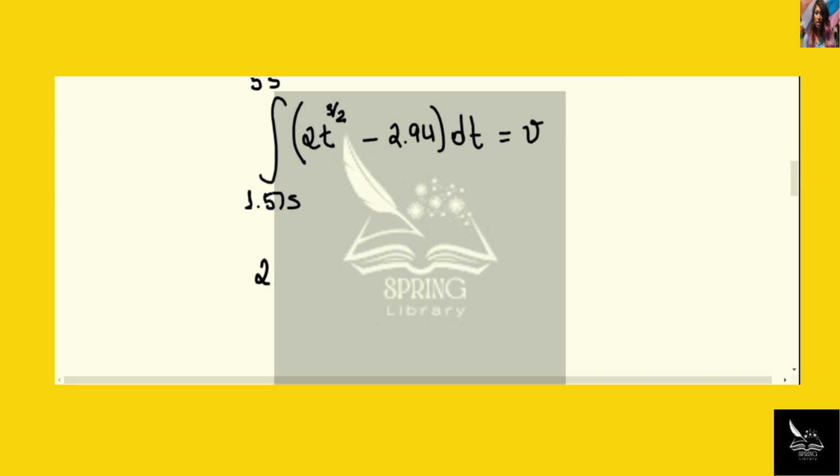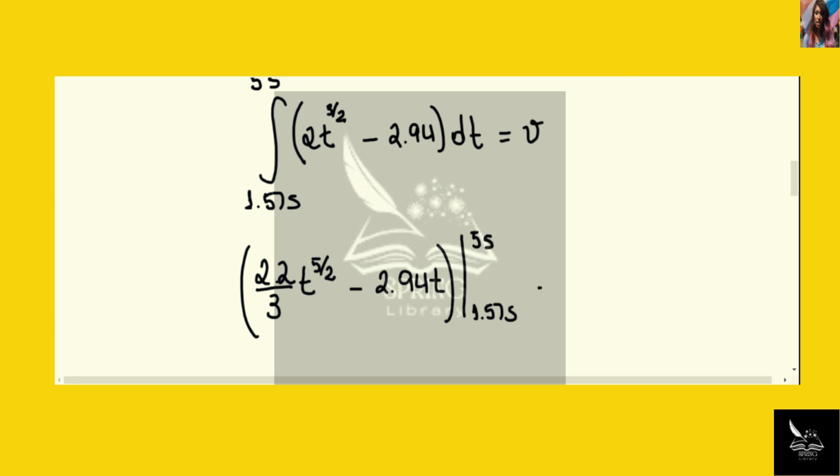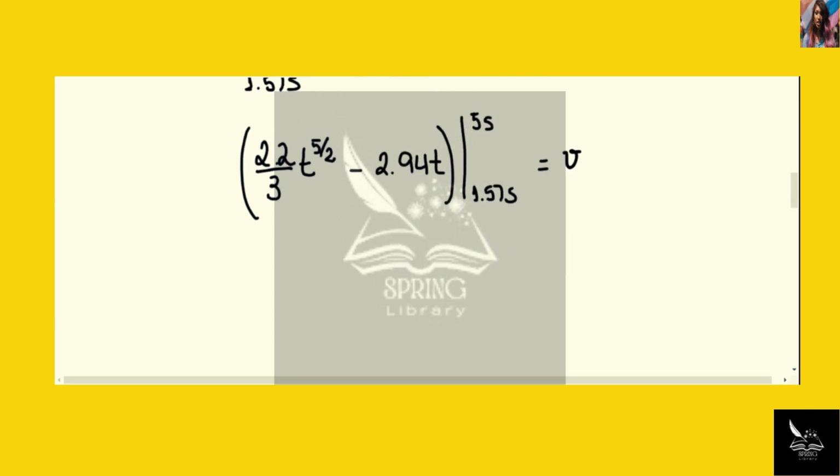So I have 2 times 2/3 t to the 5/2 minus 2.94 t from 1.57 seconds to 5 seconds, and this is equal to v. This is the velocity v when t is equal to 5 seconds.